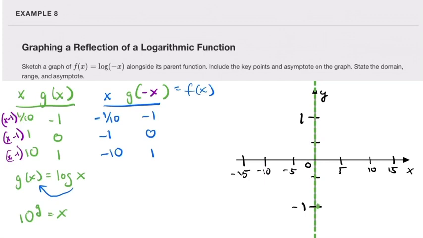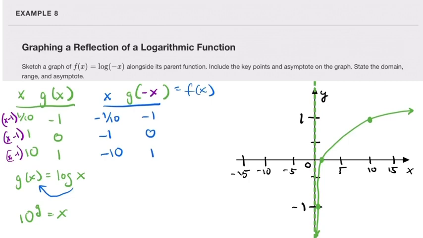So we're here. And then over 1, up 0 is about here. And then over 10, up 1 puts us here. So that graph, like that.